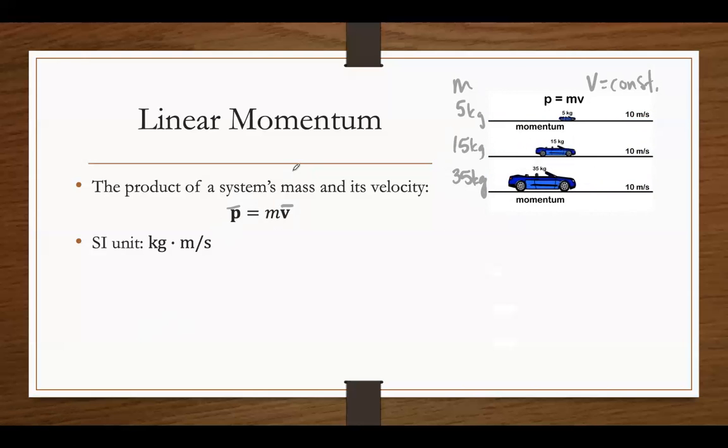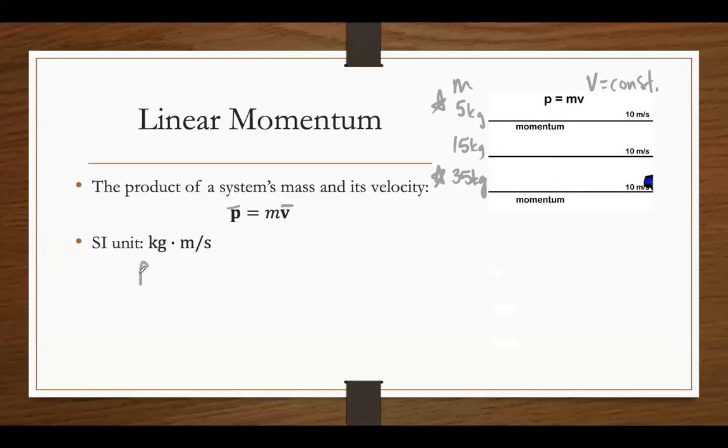So if I want to know which one has the most linear momentum, I will use this equation here to figure that out. Now, some of you can do this in your head really fast. But let's go ahead and look at at least the two masses here and here to get the two extremes.